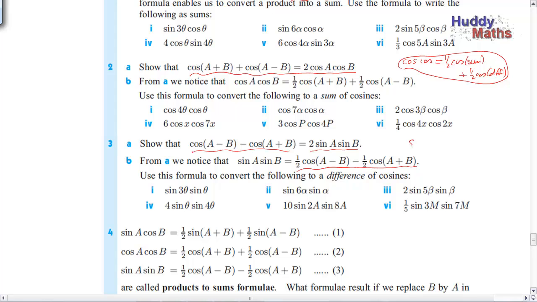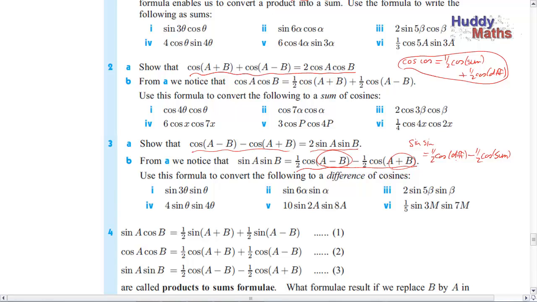If you had sine sine, then changing that to a sum or difference, it's half the cos of the difference of the two angles minus half the cos of the sum. Getting a bit intricate here. See, they're put in different order here. Okay, so that we can change products to differences or sums of trig functions.